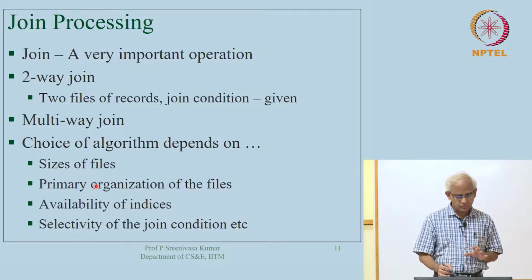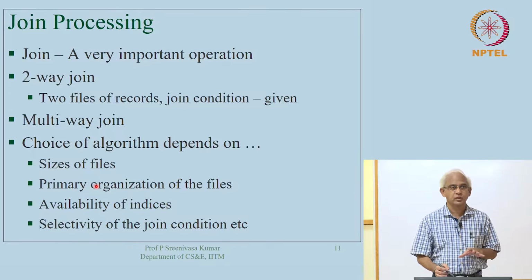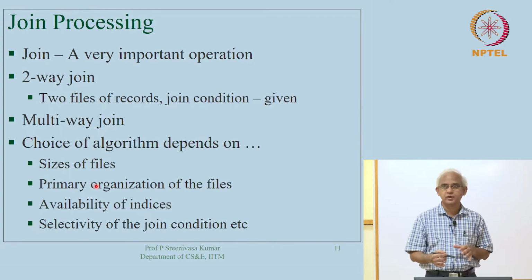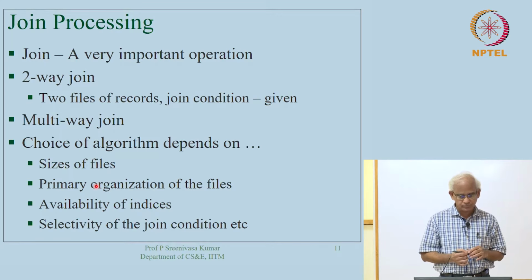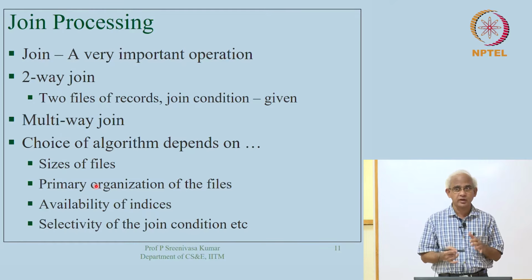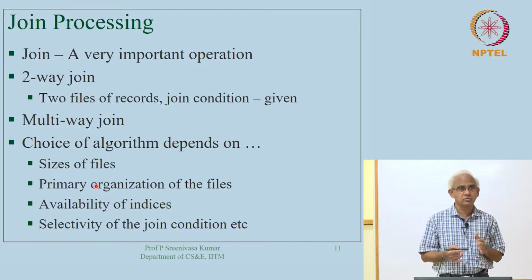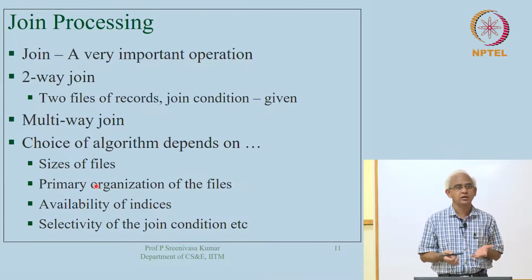We will consider two-way join, where we have two files of records and are given a join condition, and we need to join the records and produce the output. Notice the minimum time that you need in order to produce a join is the sum of the total blocks in file 1 and file 2.